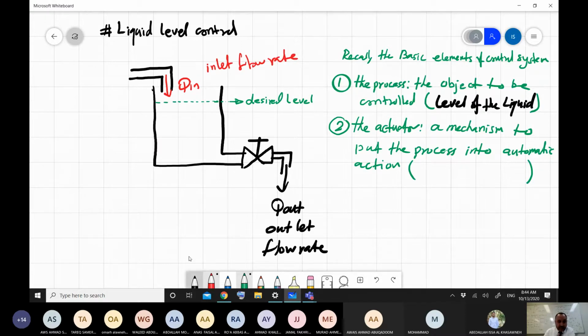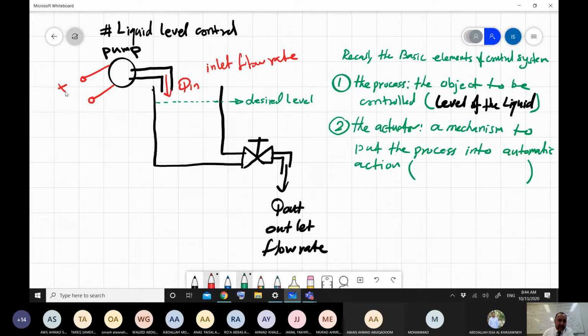I could control it using a valve, but let's make it more interesting and add a pump. You know the pump? Because you are electrical engineers, I will assume that this pump can be controlled by an electrical signal, as most pumps are.